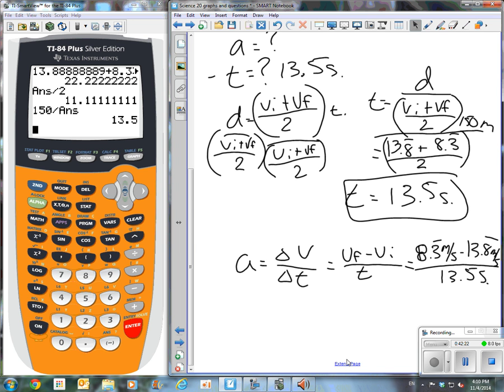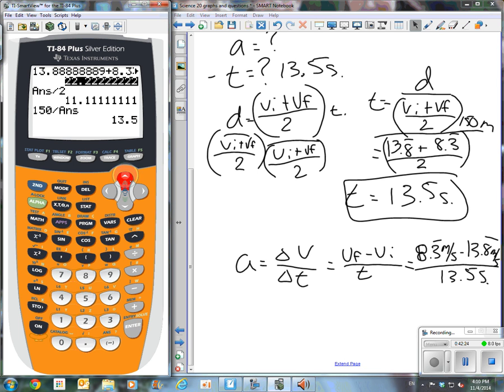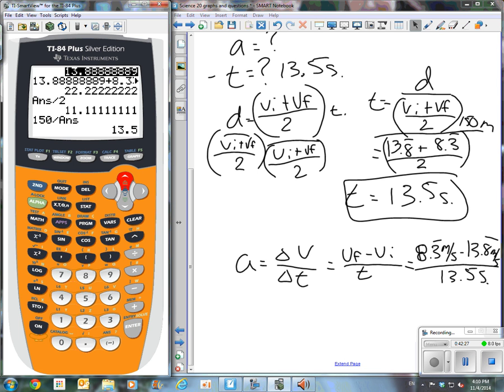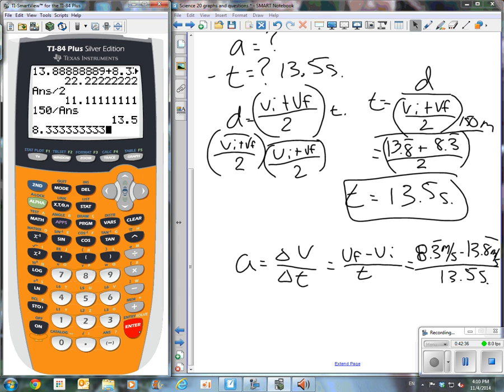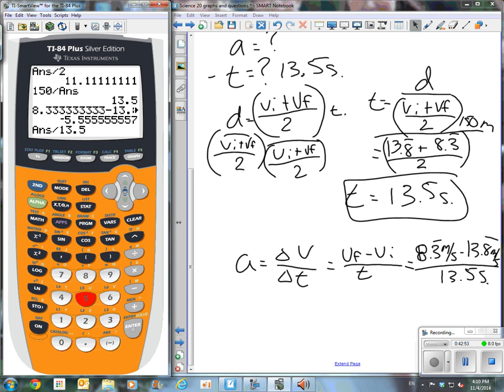In order to do this, again wanting to keep as many significant figures as you can, I'm going to take the values already in my calculator. So I'm going to do 8.3 repeating minus my 13.8 repeating. So I've got a negative value. Now I'm going to divide that by 13.5, and I get negative 0.41.